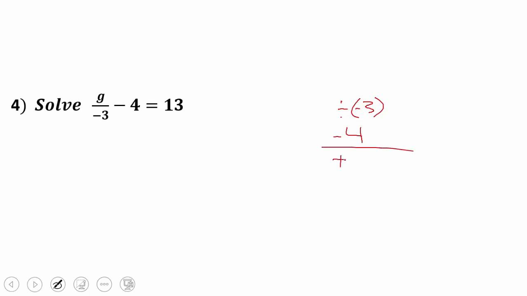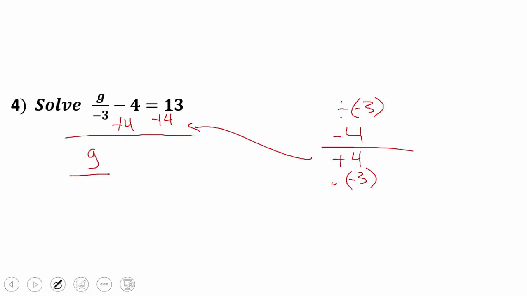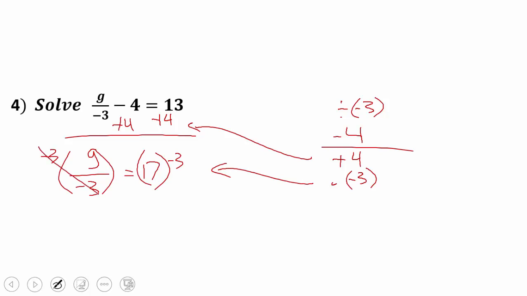The inverse of that would be to add 4 and to multiply by negative 3. So the first thing we're going to do, add 4 to both sides. That isolates and keeps the equation balanced. g divided by negative 3 is now equal to 17. And then I'm going to multiply by a negative 3 on both sides. That will help me isolate and keep balanced. The 3 on this side simplifies out, leaving me with g. And 17 times a negative 3 is negative 51.